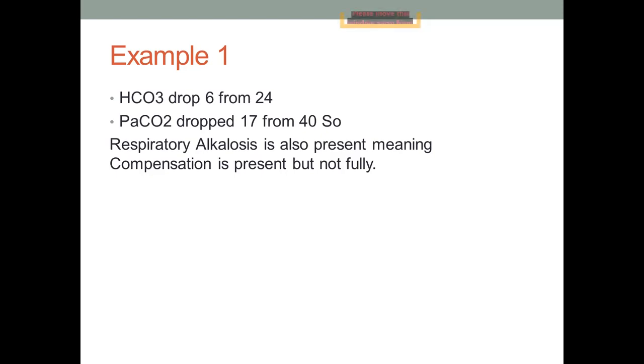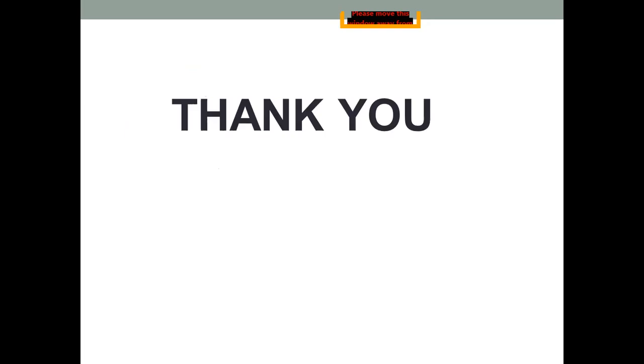So respiratory alkalosis is also present in this patient. It means that the patient has some compensation, but it is not fully compensated. We say a patient is fully compensated when there is compensation and the pH is within the normal range. If the pH is not in the normal range and compensation is present, it will not be fully compensated. Okay, thank you. If you have any question, you can ask me.